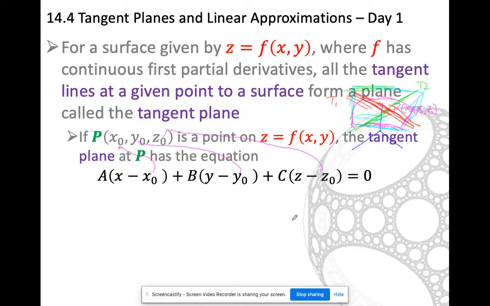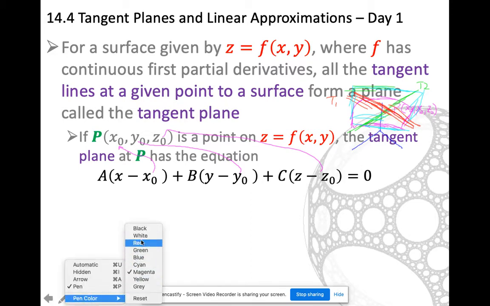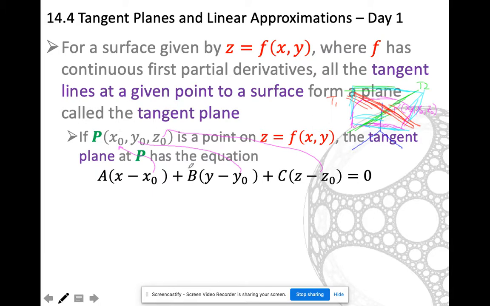Now I'm going to do a little algebra. Can you imagine that I moved these two terms over here and divided everybody by c? So wouldn't I get negative a over c on this side?